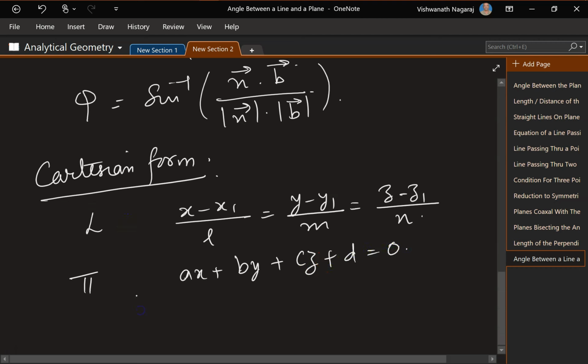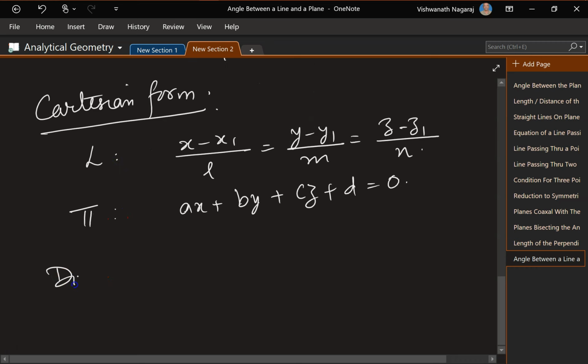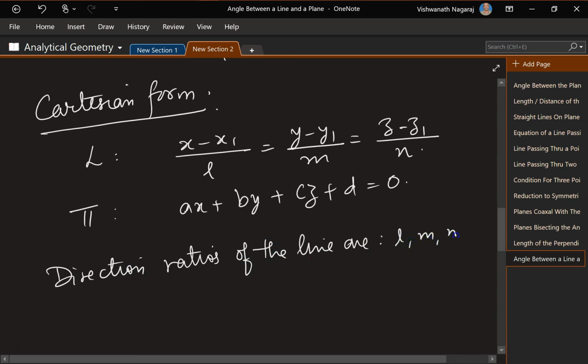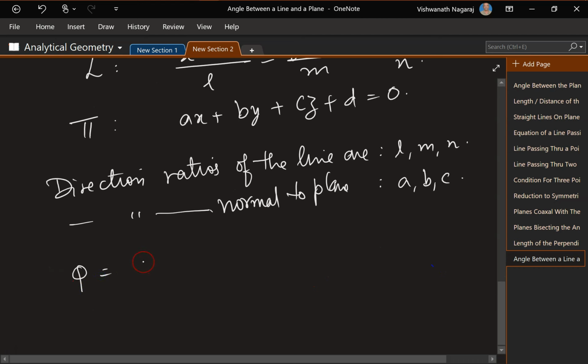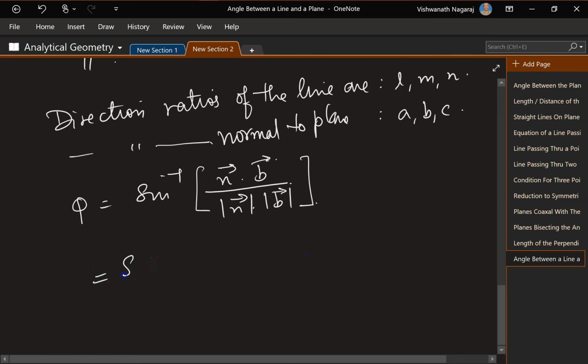Now the direction ratios of the line are l, m and n. Direction ratios of the normal to the plane are a, b and c. We know phi is equal to sine inverse of vector n dot vector b divided by magnitude of n and magnitude of b. So now let's do the substitutions.